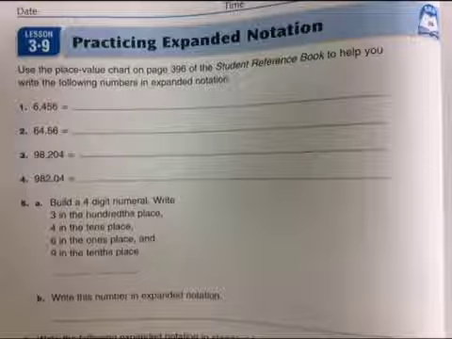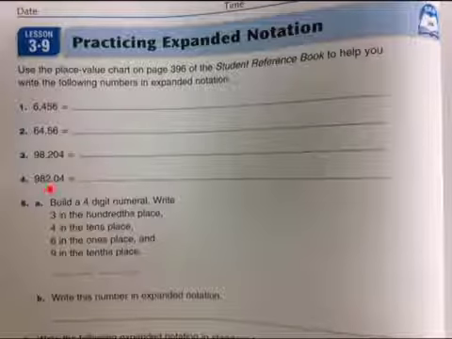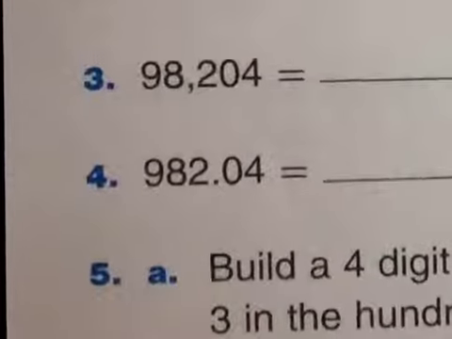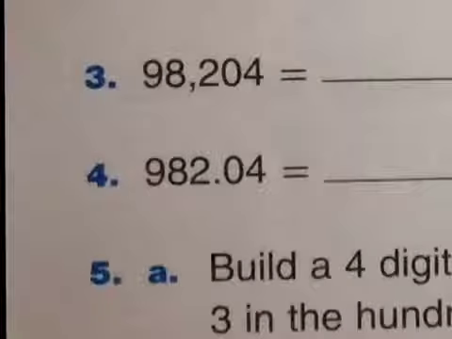982.04 in expanded notation. We have to look at the value of each number. If we look at 982, we have the number 900, the number 80, the number 2, then we have 0, which is a placeholder in the tenths, and 4 in the hundredths. So let's add each value of the number to make an expanded notation.